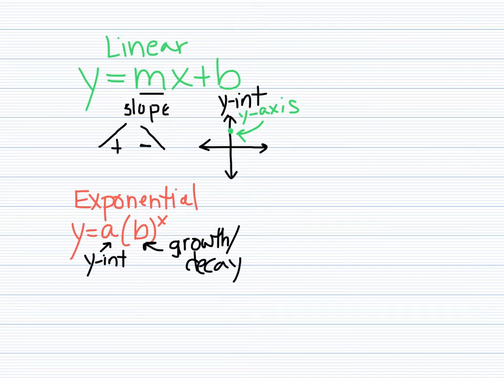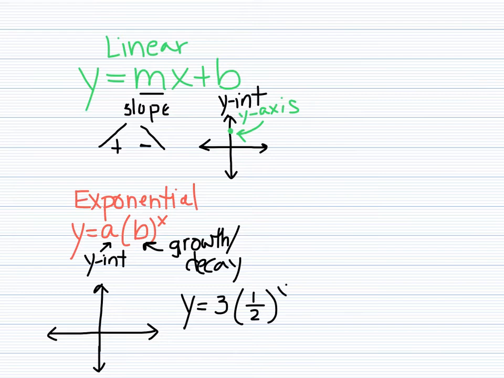But just a quick reminder of what those might look like. So perhaps you have an equation like y equals 3 times a half to the x. So something like this is going to have an a of 3 and be decaying. So it's going to look something like this.